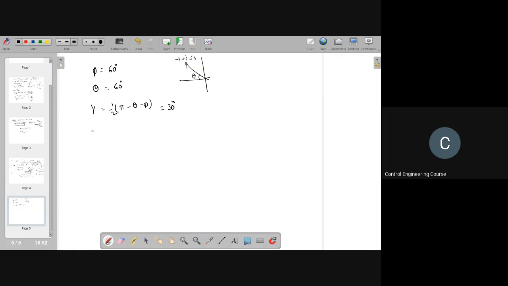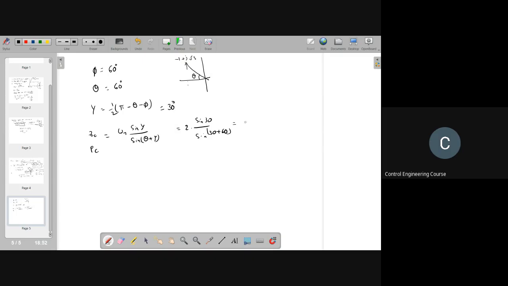Now we can directly calculate z_c and p_c by using those formulas. So z_c is omega n into sine gamma by sine theta plus gamma, which is equal to, omega n is already given, that is 2 into sine 30 by sine 30 plus 60, right?